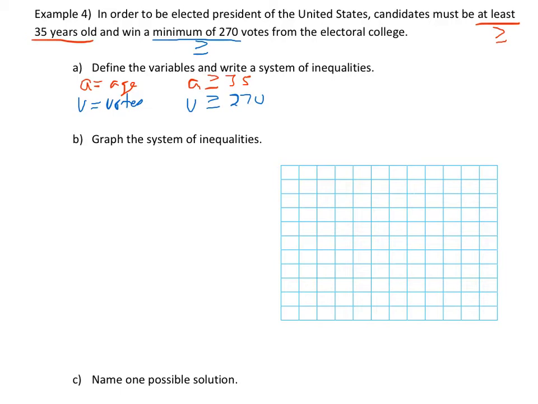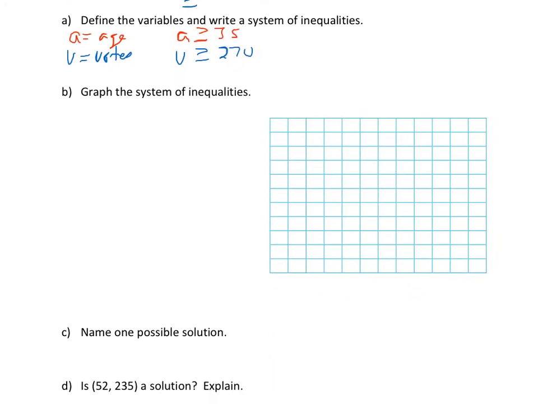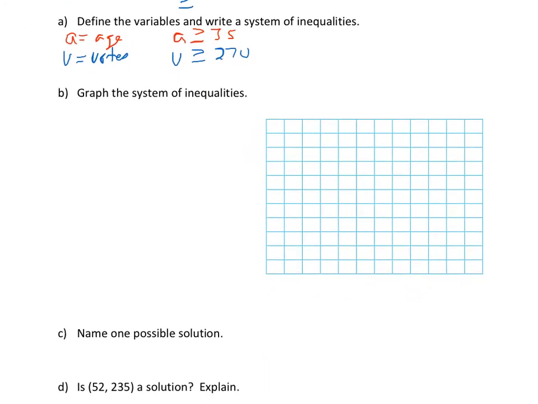So let's take a look at what that would look like on a graph. Now remember, there's only one variable in each inequality, which means they will be vertical and horizontal lines. So if we look at our graph and we label it, let's put age on the x-axis, and we'll go by fives here, so 0, 5, 10, 15, 20, 25, 30, 35, 40, 45, 50, 55, 60.